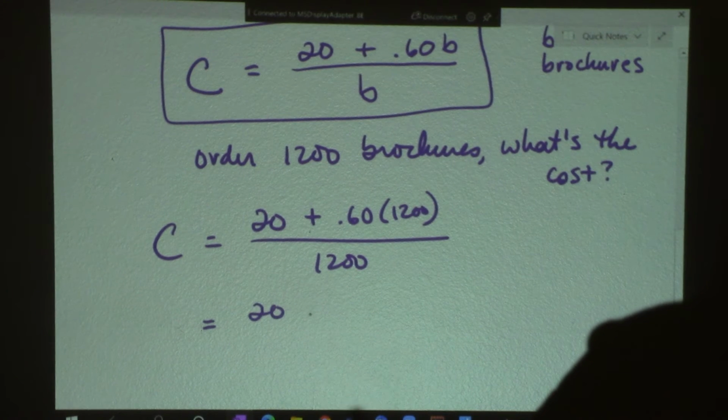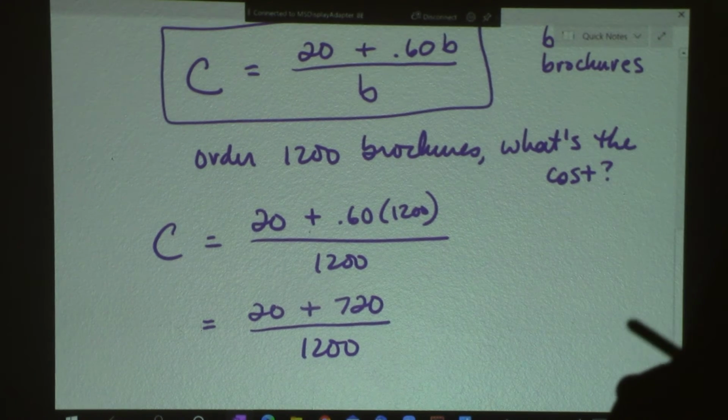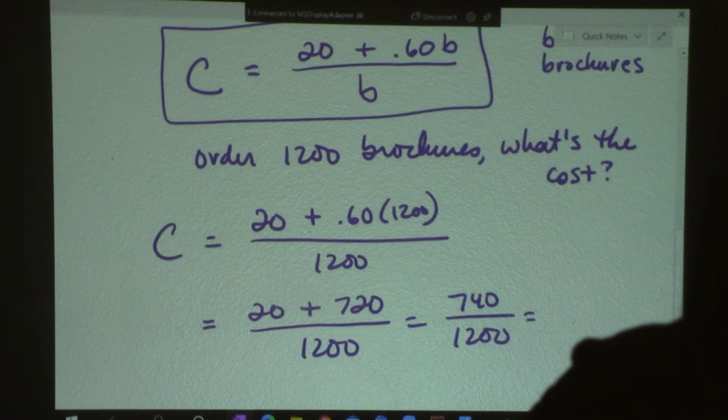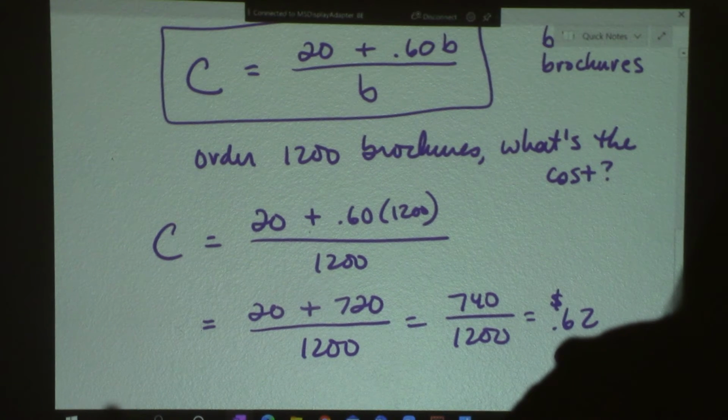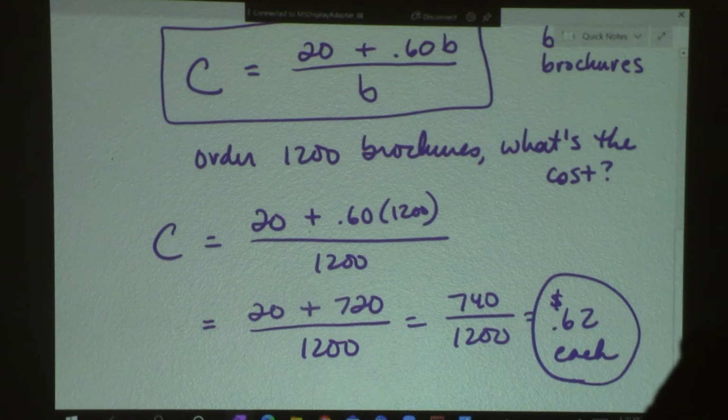So I've got $20, and now 60 cents times 1,200 is actually $720 over 1,200. So I end up with a cost of $740 for 1,200 brochures, and that ends up being 62 cents each. So my cost is 62 cents each from this particular company. All right?